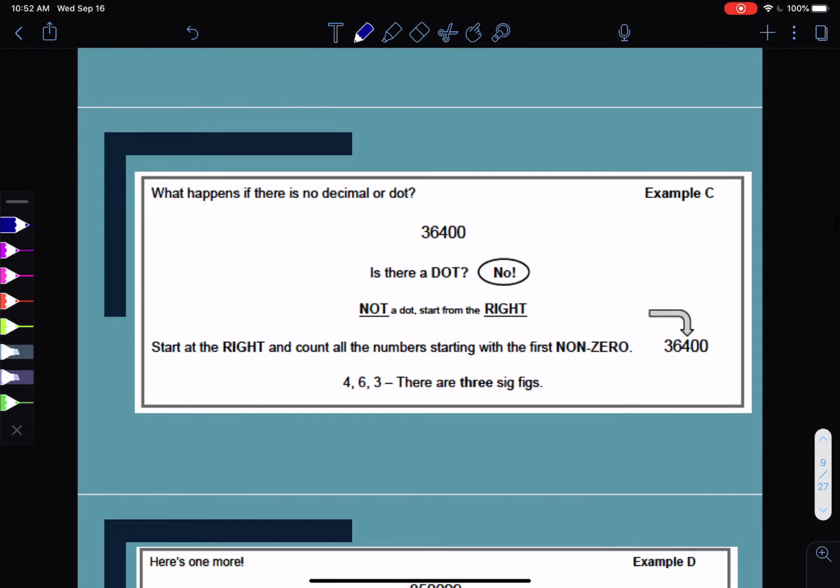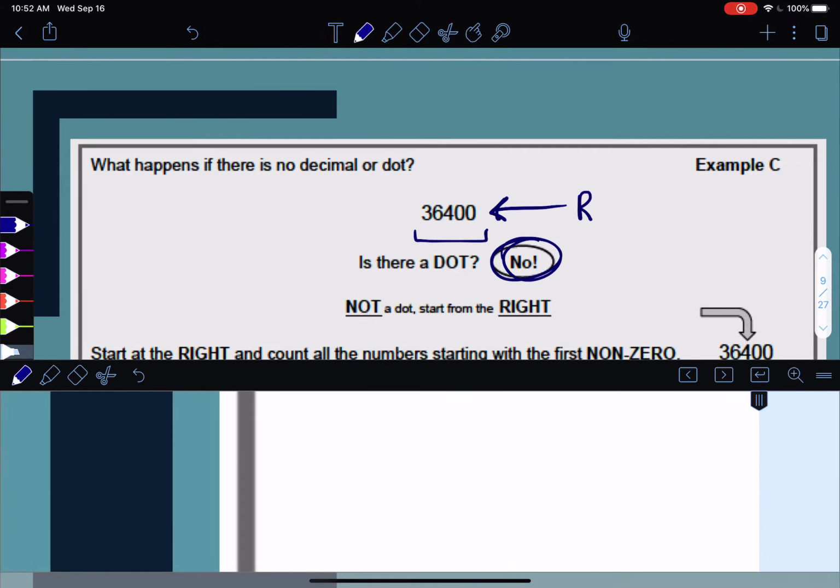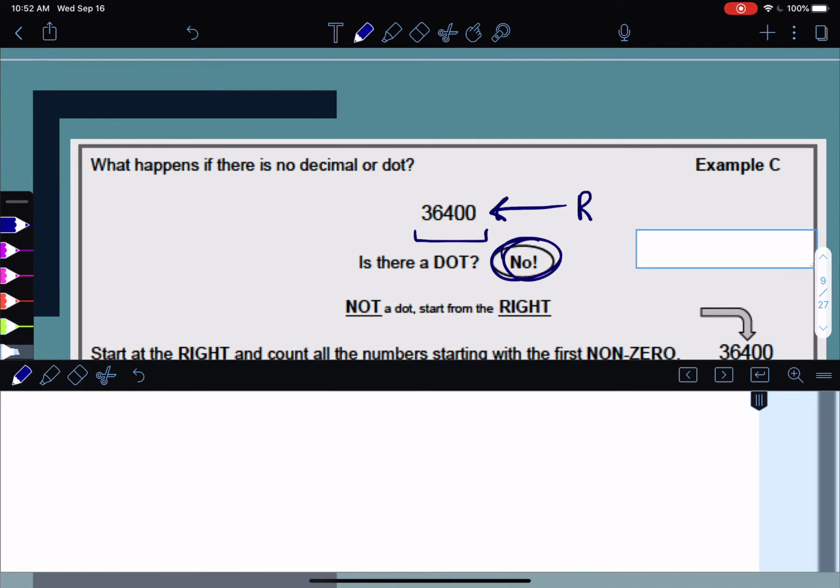Okay, let's look at this one. Okay, does this one have a dot? Do you see a dot? No, there's no decimal. So you take your right hand and you swipe across your face. Okay, hold on. I don't know why it's doing that.